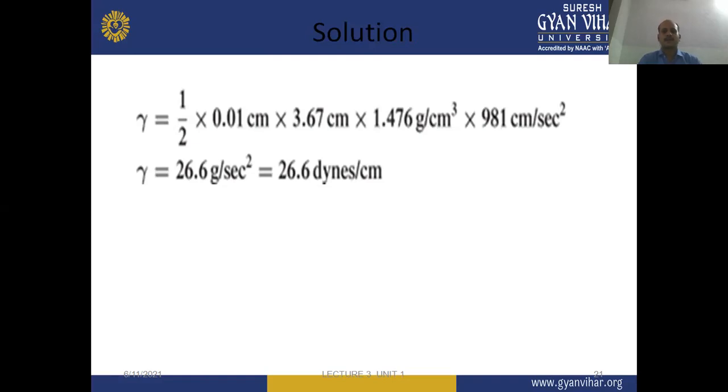So gamma will be equal to 26.6 gram per second square or 26.6 dynes per centimeter.